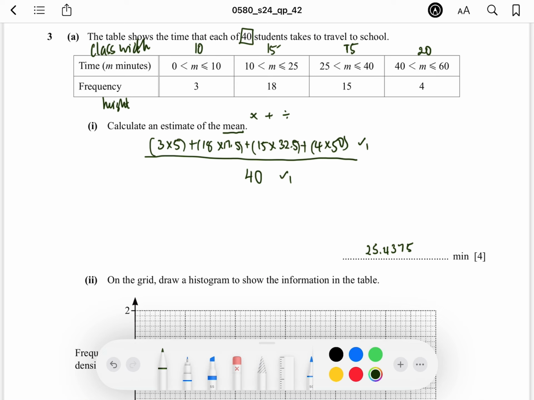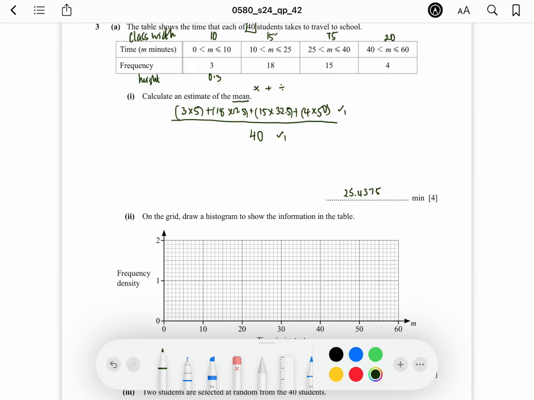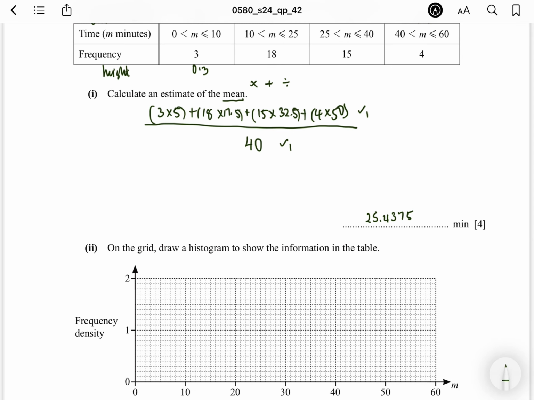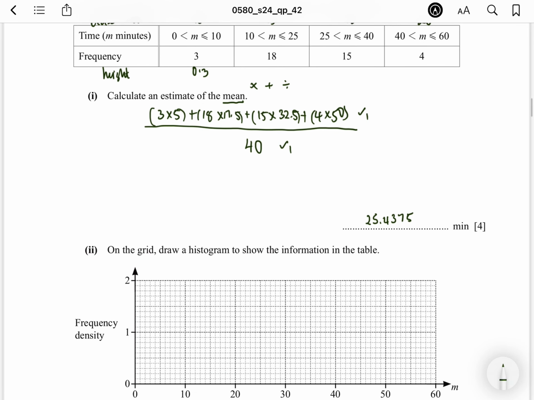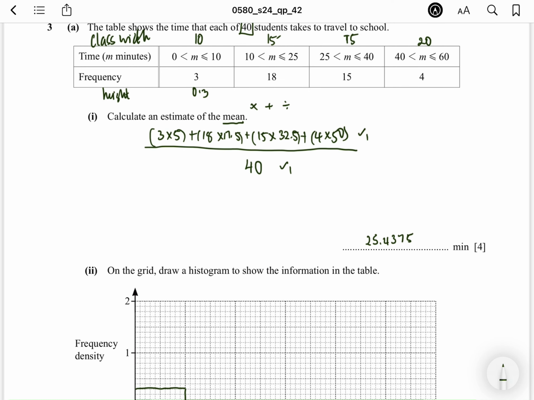Okay. So 3 divided by 10, 0.3. So that means when you draw 0, 10, sini height-nya is 0.3. Like that. Okay. Then same thing goes with the next one. So 18 divided by 15, that is 1.2.